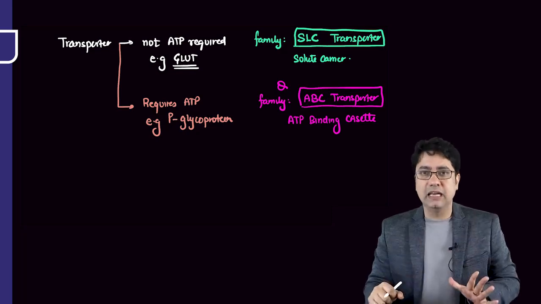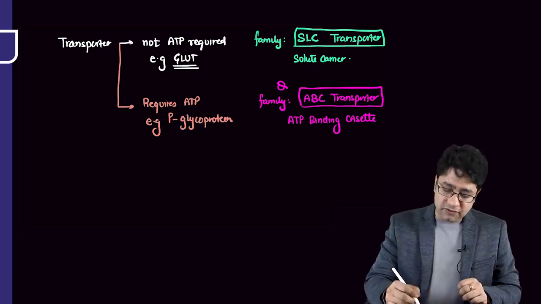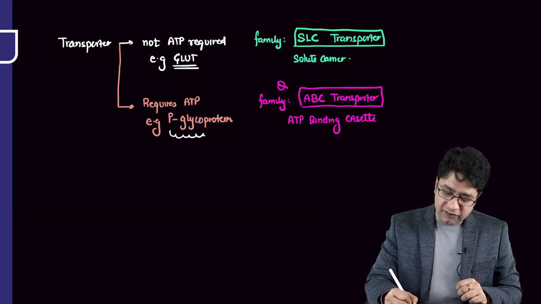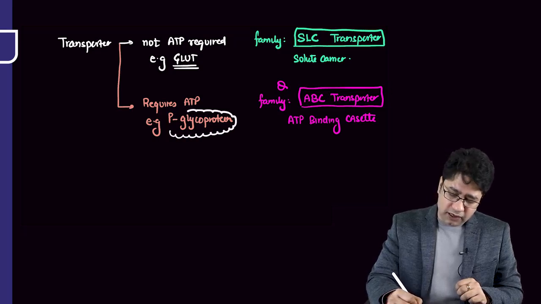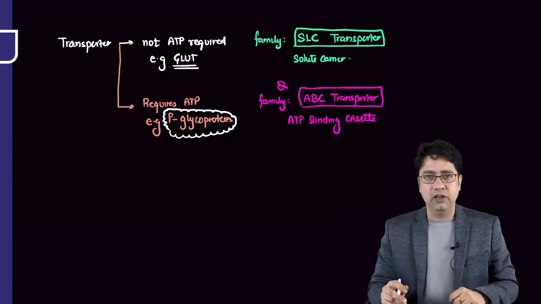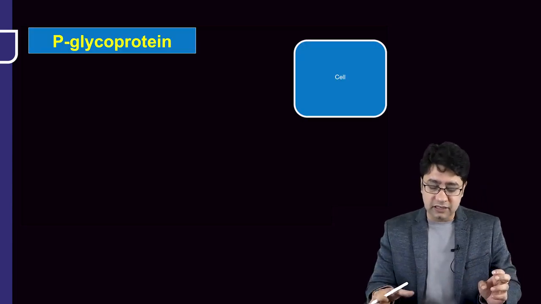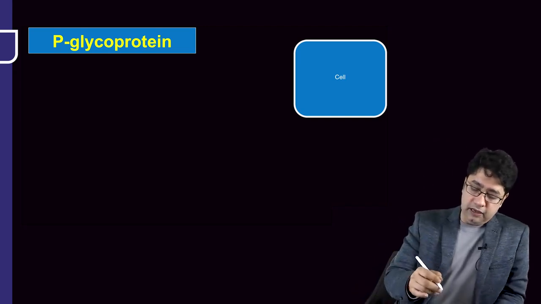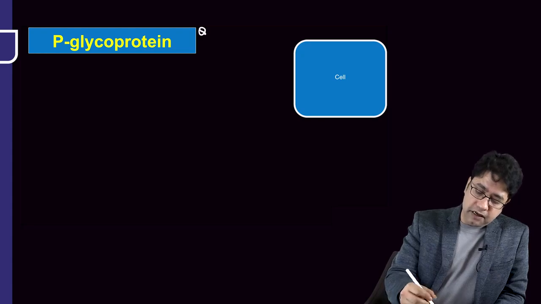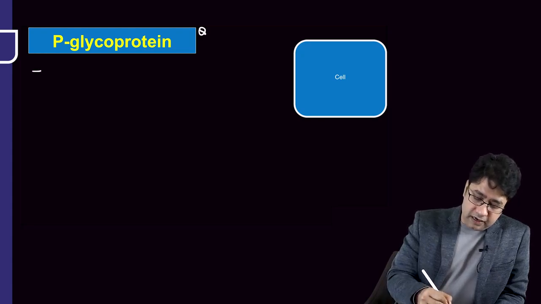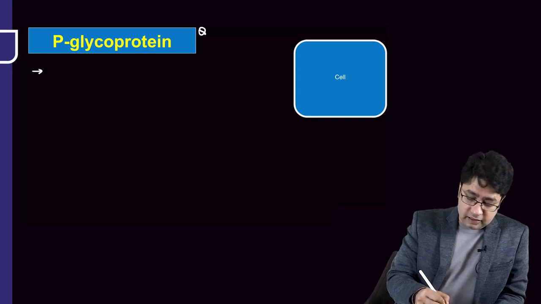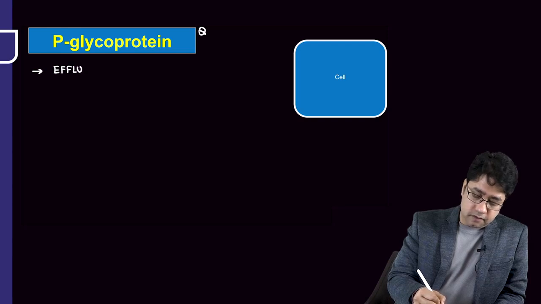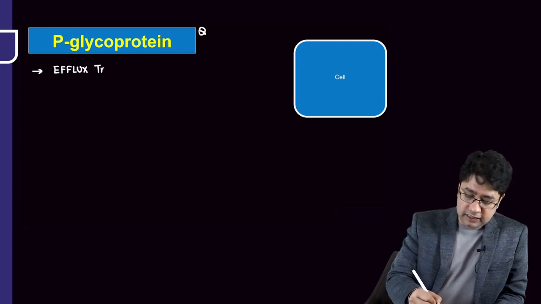So keeping this in mind, let's talk about this very famous transporter. You will find many MCQs. What is this P-glycoprotein? Nowadays, many questions are coming on P-glycoprotein. Now, P-glycoprotein is a very important topic, and you will write that it is an efflux transporter, a very unique transporter known as an efflux transporter.